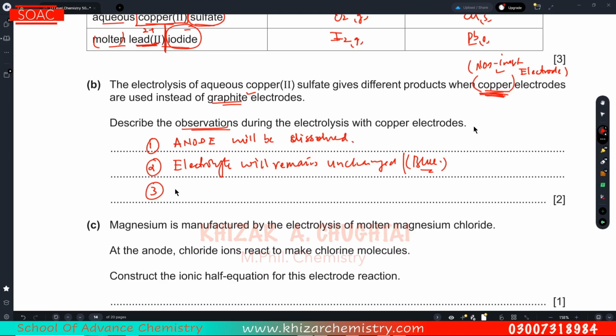The third one is pinkish brown solid will appear at cathode.